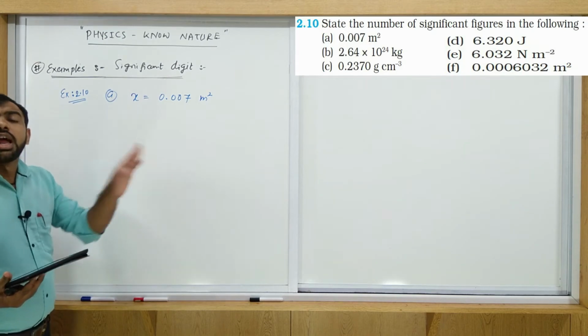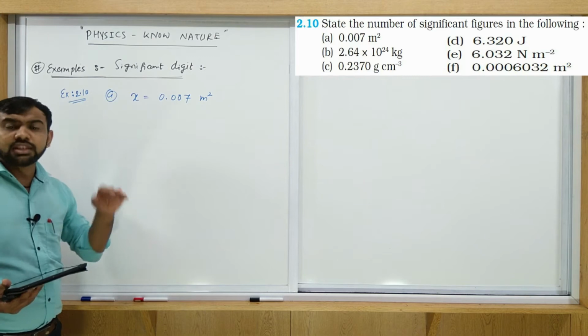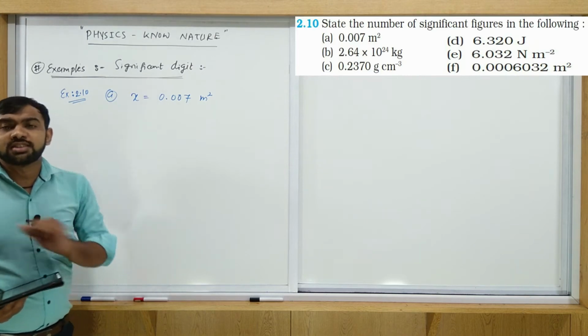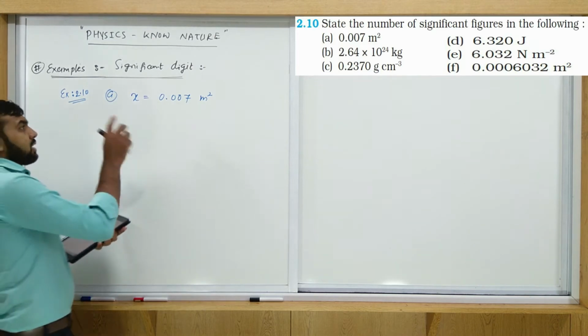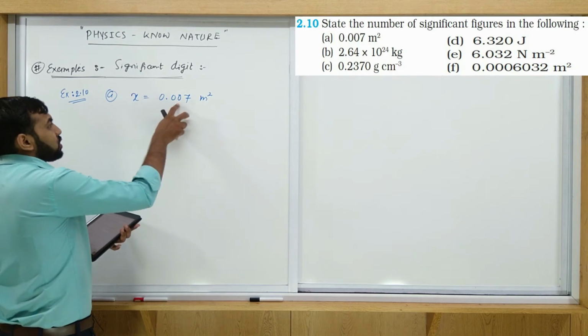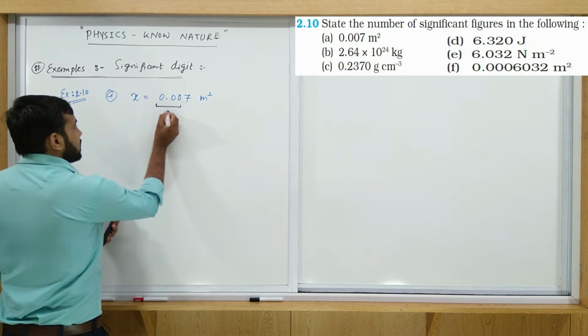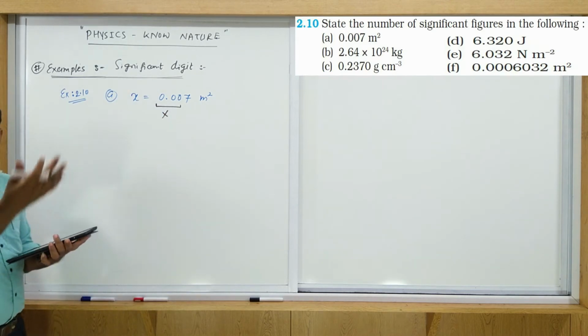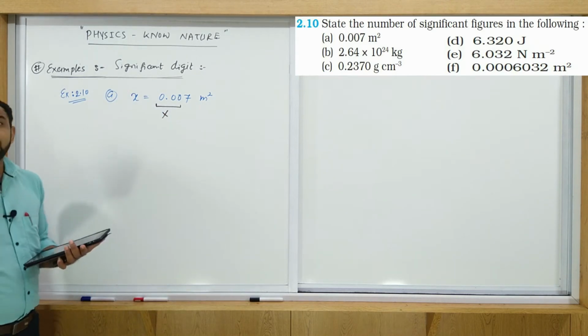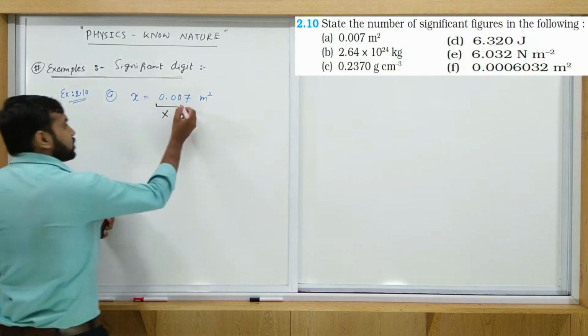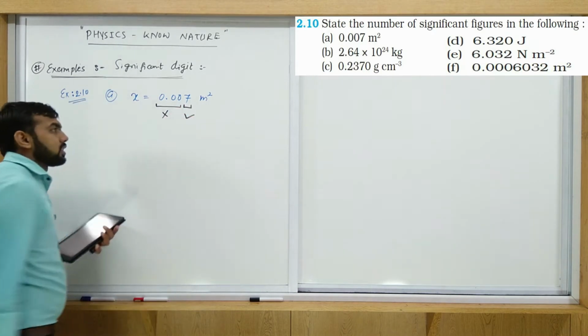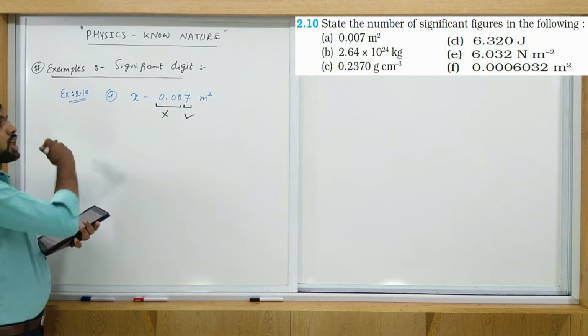Use this rule: left hand side 0s are not counted as significant. Total how many digits are present? 1 2 3 4. Out of these 4, these 3 zeros are on the left hand side of the significant number. So here only this is the significant number.